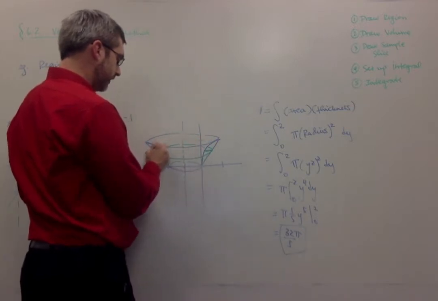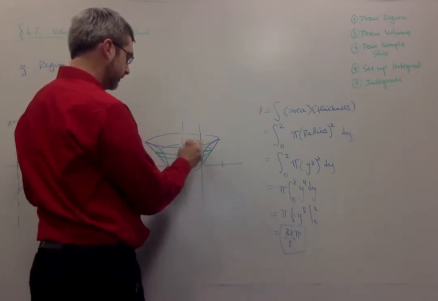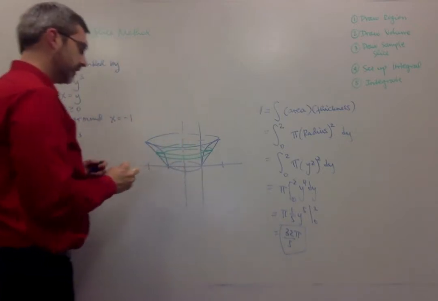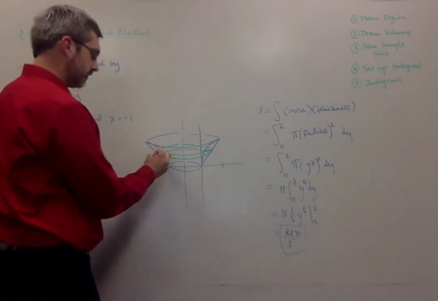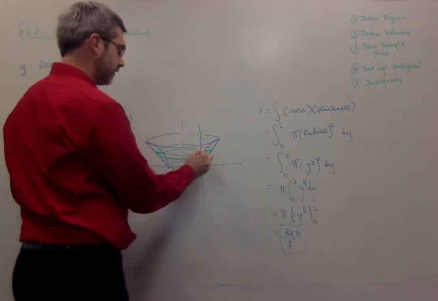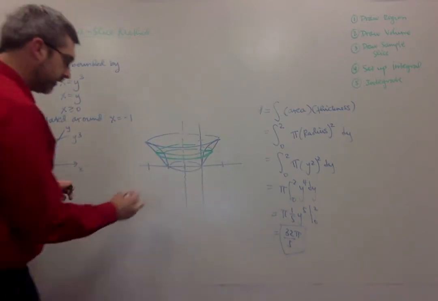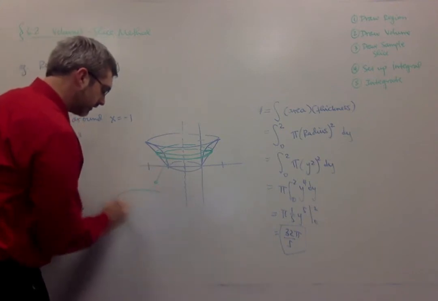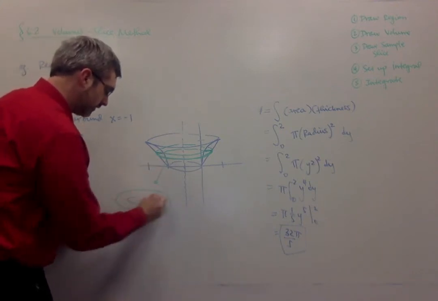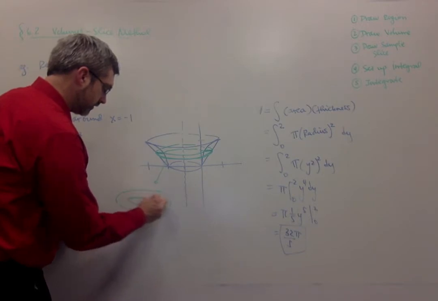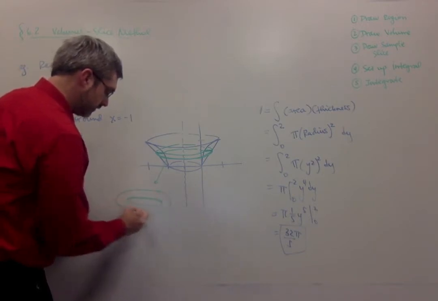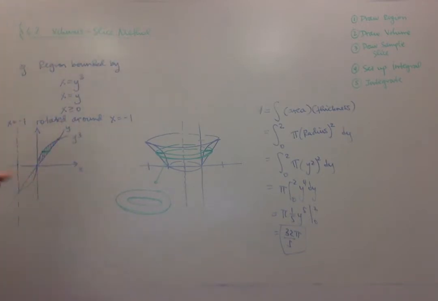We get an annulus, right? Kind of see that? See that green thing? So if I pull it out, that's an annulus right there. Okay?